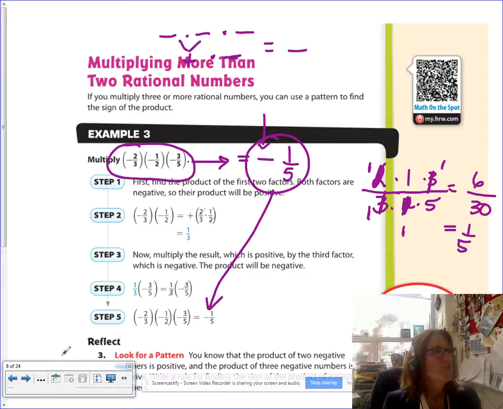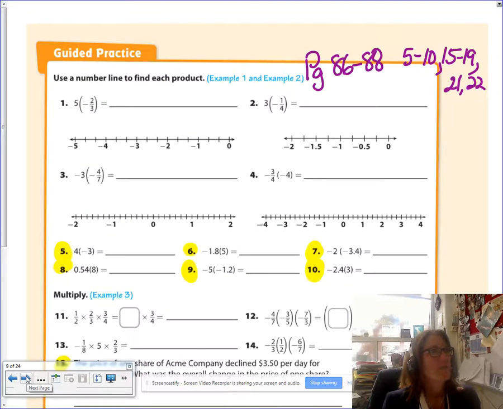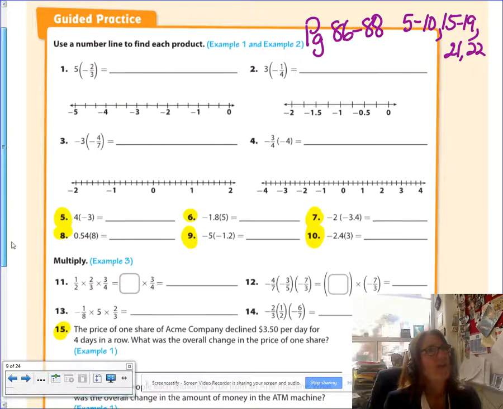All right. Jump ahead, please, to this page. And I want to do some of these first ones together, okay? So look at number 1, 5 times negative 2/3. The first thing I want you to do is say, over here, my final answer is going to be negative, okay? Positive times negative. 5 is written as 5/1 times 2/3.